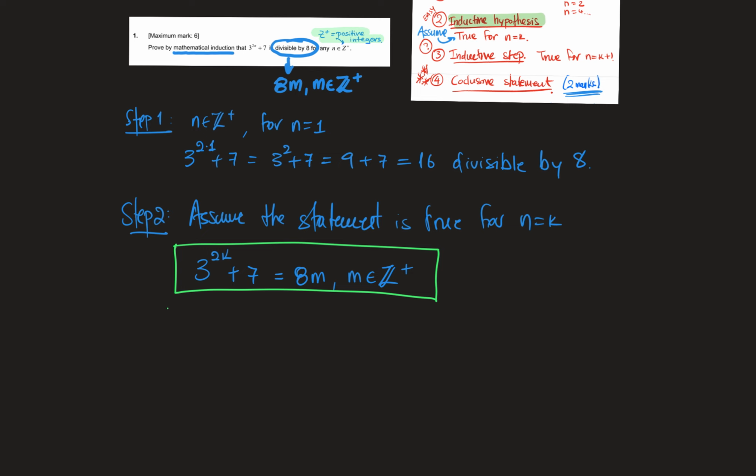I've put step 2, the inductive hypothesis, in a green box, and I will label it relationship number 1. A key thing to remember is that step 2 always needs to be utilized during step 3, because that's going to simplify our life much more when it comes to proving the inductive step.